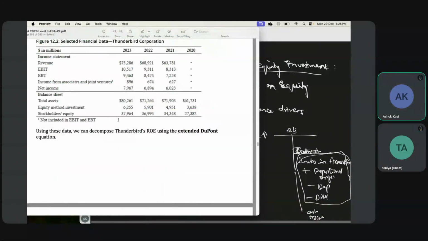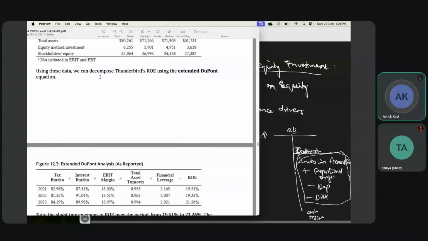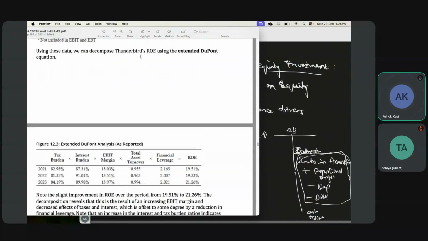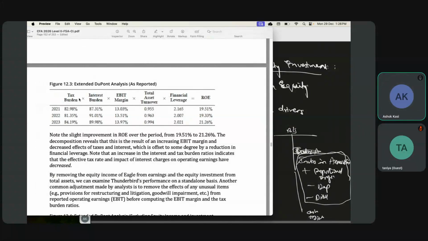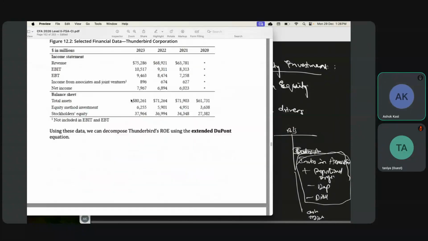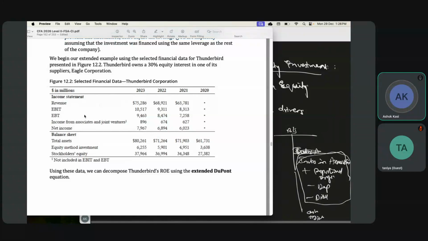Okay, this is fine. Then similarly, using this data, we can decompose Thunderbird's ROE using the extended DuPont equation. These are numbers that are given directly. The financial data includes the income statement: revenue, EBIT, EBT, income from associates and joint ventures, net income.